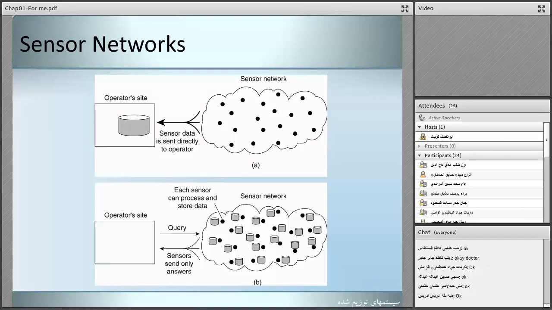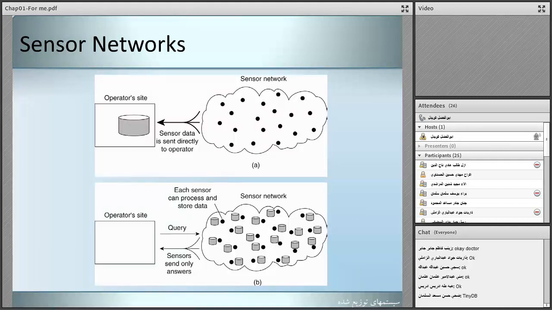So each sensor is able to calculate and process data and store it, and then it can send the result to the operator's side. So we can organize our sensor networks in these two types.